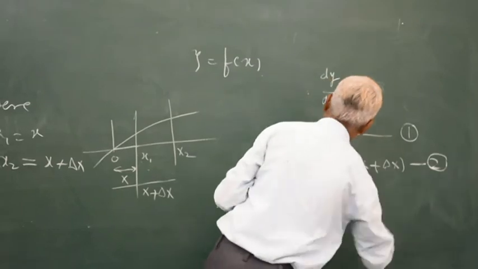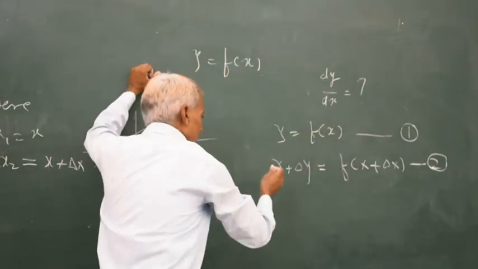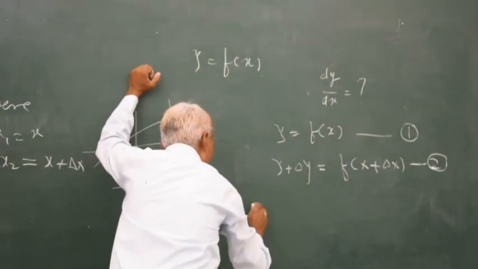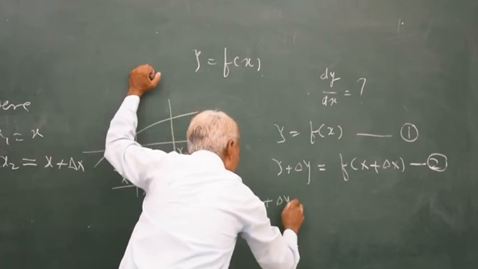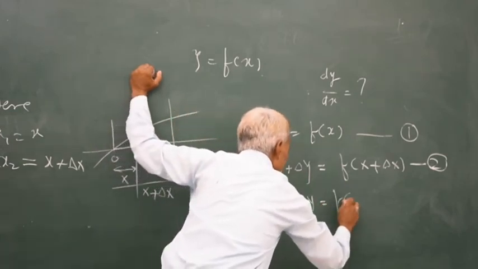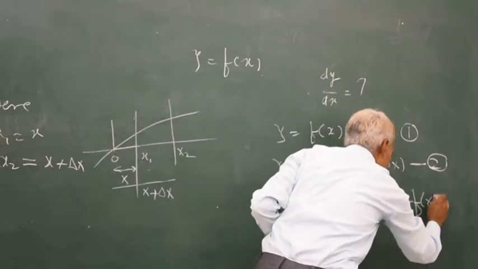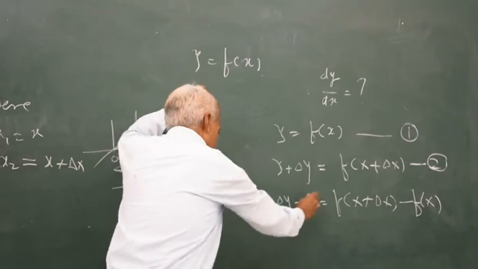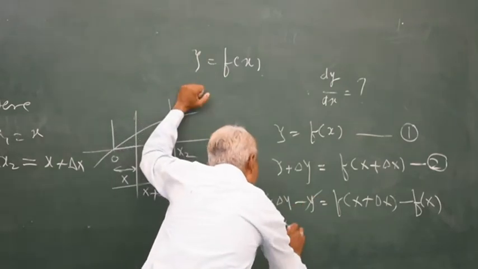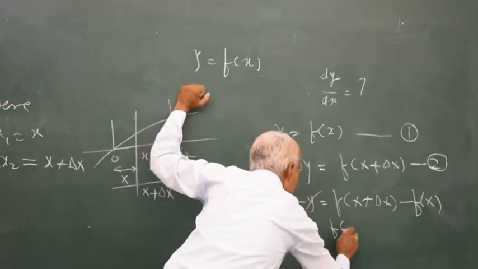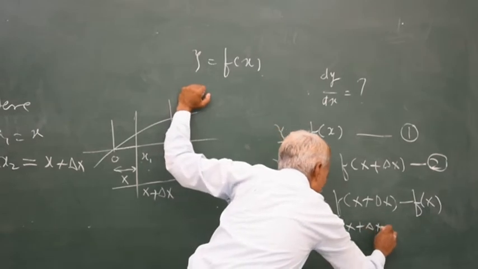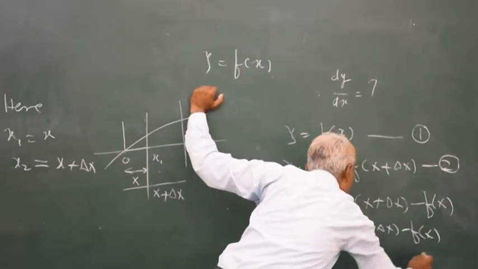According to equation number 2, when we find the difference between these two, y plus delta y minus y is equal to f(x plus delta x) minus f(x). y is cancelled out, therefore delta y is equal to f(x plus delta x) minus f(x).